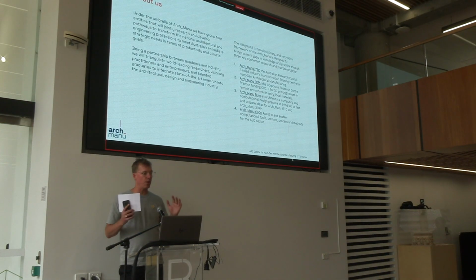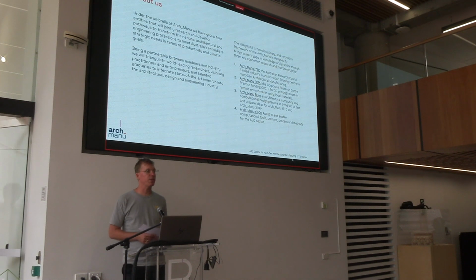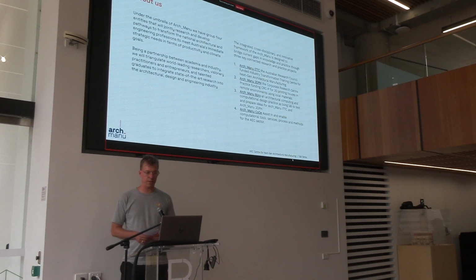Arch Menu is an umbrella organization that sits on level 4 here in the Red Center, looking into four different things. We are funded by the ARC, with the ARC Training Center for Next Gen Architecture Manufacturing. Several of the PhD students and postdocs are present today. We also got the CRCP funding for 3D printing houses in remote environments using local material.